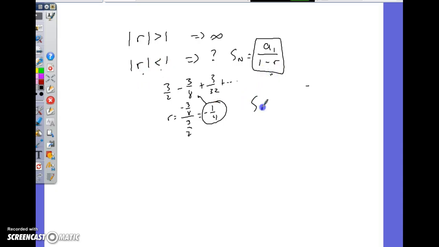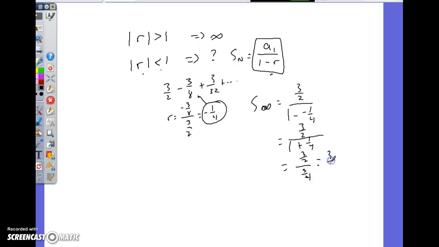So then my sum for the infinite series is equal to the first term, which in this case is 3 halves, divided by 1 minus negative 1/4. And so I get 3 halves over 1 plus 1/4, and that would be 3 halves over 5/4.